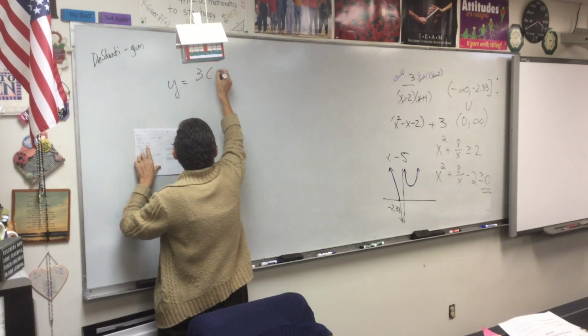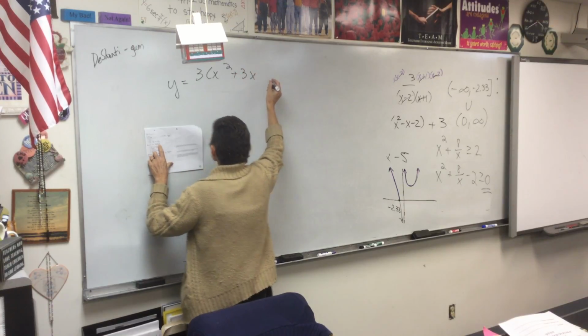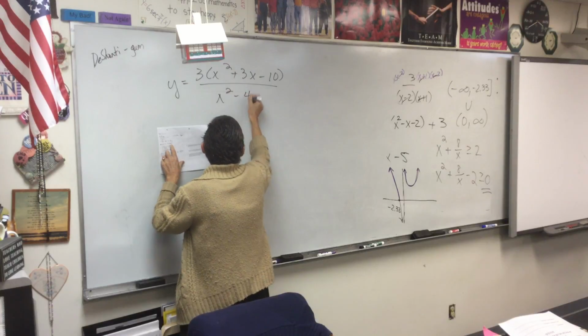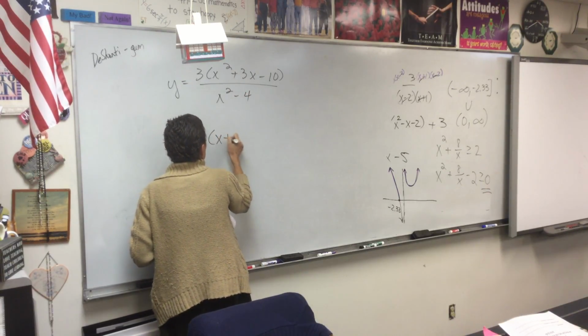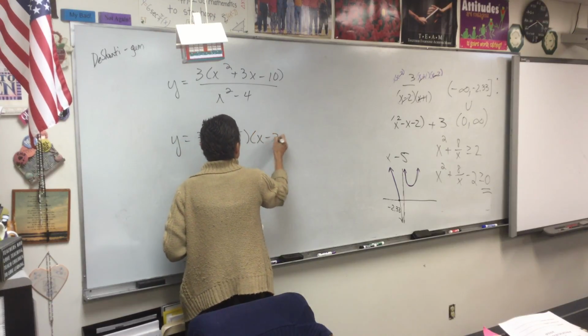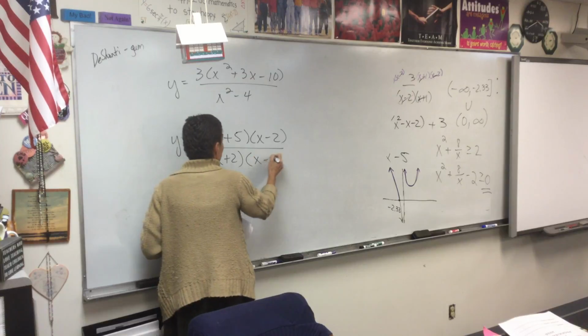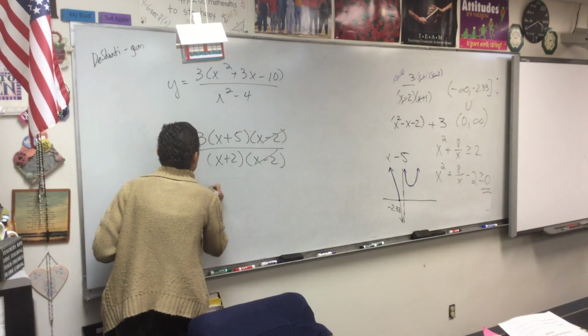Yeah, let's factor it. So it's going to factor as x plus 5 minus 2 and x plus 2 minus 2. Uh-oh. We have a hole.